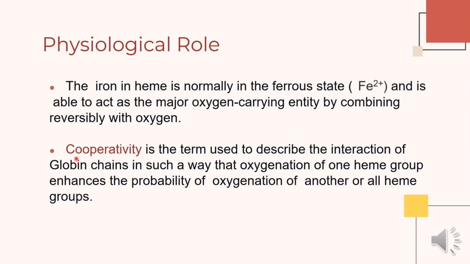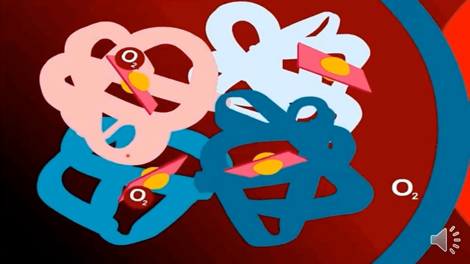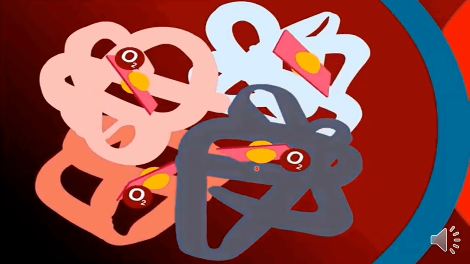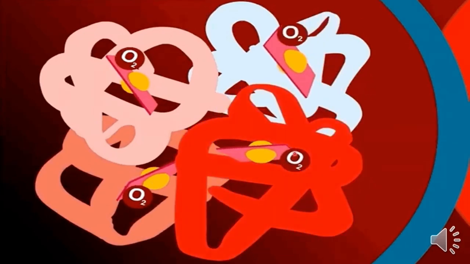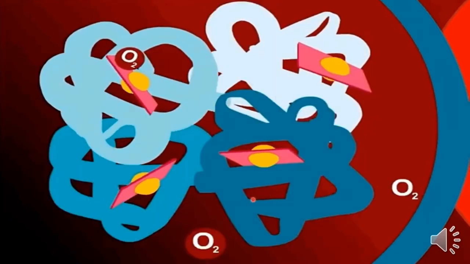There is a term called cooperativity, and this is used to describe the interaction of the globin chains in such a way that oxygenation of only one heme group enhances the probability of oxygenation of another or all heme groups. So, as heme takes up O2, there is a rearrangement at the other subunits that facilitates the uptake of more O2. And this rearrangement is called cooperativity.